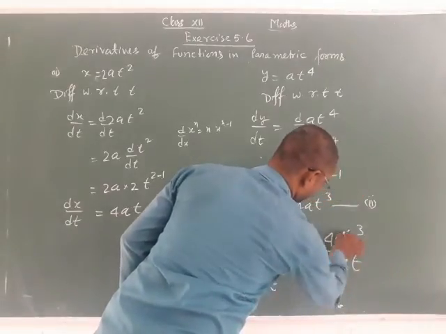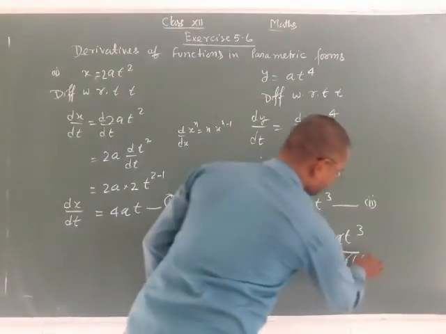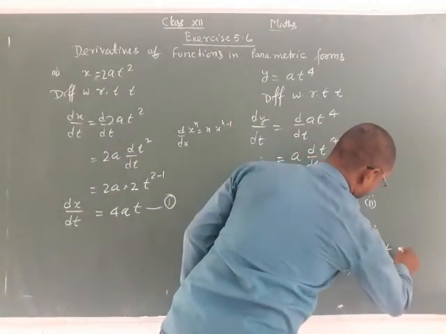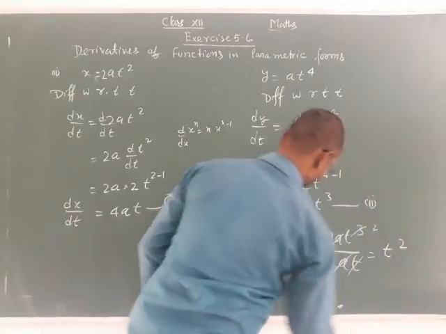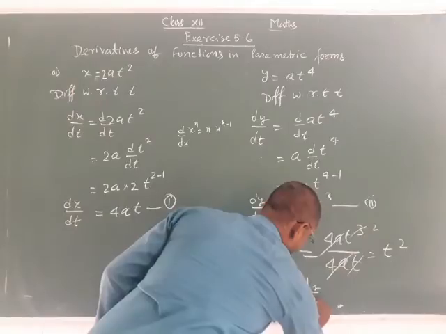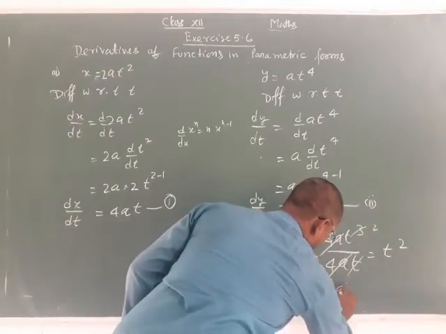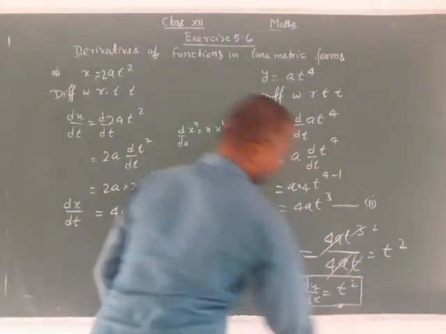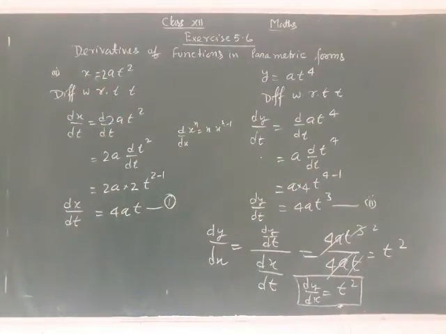So 4 cancels out and one power of t cancels out, leaving t to the power 2. So dy upon dx is equal to t square. This is the answer of the given question.